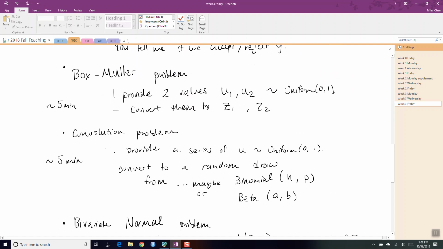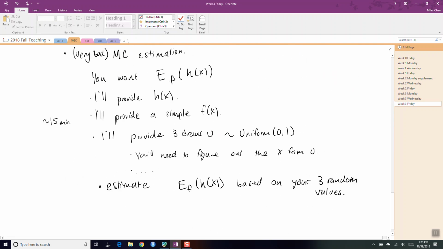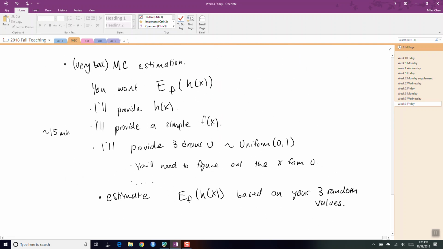Like the Box-Mueller thing, if I give you some U's and I ask for Z's, if you know how Box-Mueller works, I feel like it's pretty quick, right? You just make it exponential, take the square root, multiply it by r cos theta. Something like that. Okay, questions?